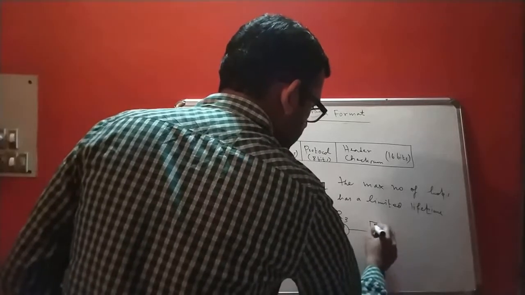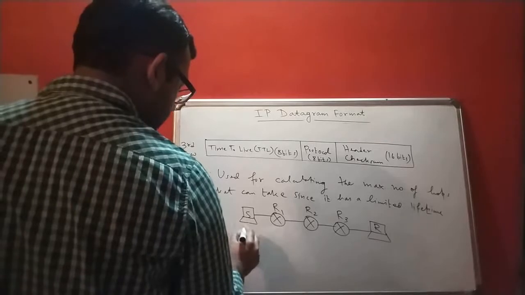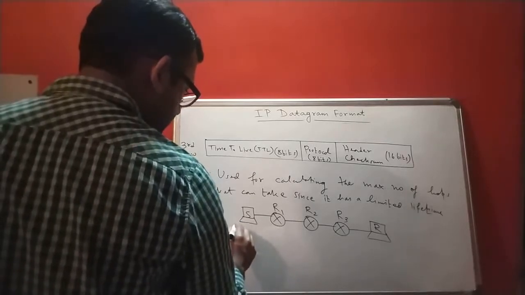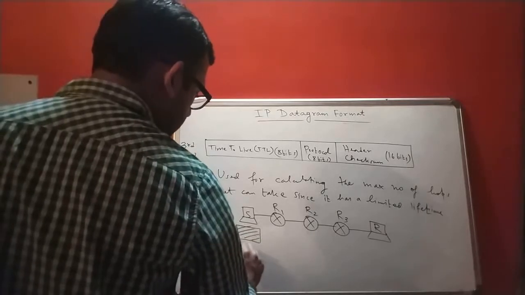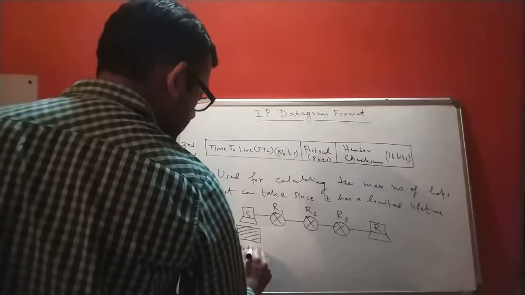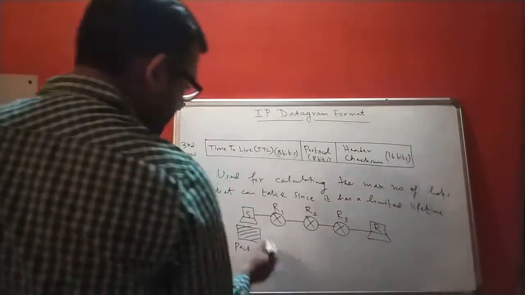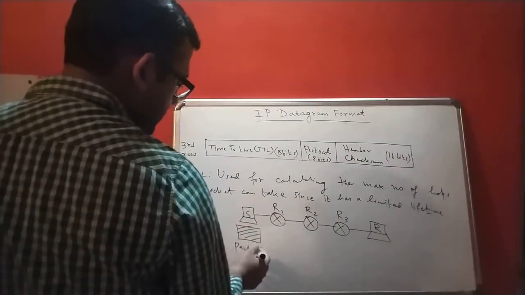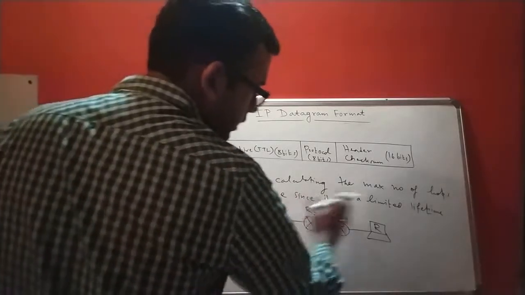Let's call this workstation R, and let's call this workstation S. Now let's say S decides to send a packet to R. So this is the packet that S wants to send to R. Now let's say S is using IP protocol. That means it is trying to send this packet, which is an IP datagram packet, to R.